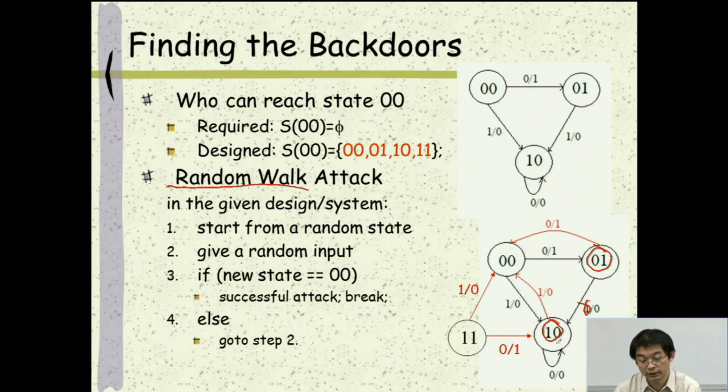So he's going to try another random input, for example, 0, 0. And this one stays at state 1, 0, still not the target 0, 0. And next time, the attacker is going to try input 1. And this will take him directly to the state 0, 0, which means that the attacker now has access to state 0, 0, which he should not have access to.